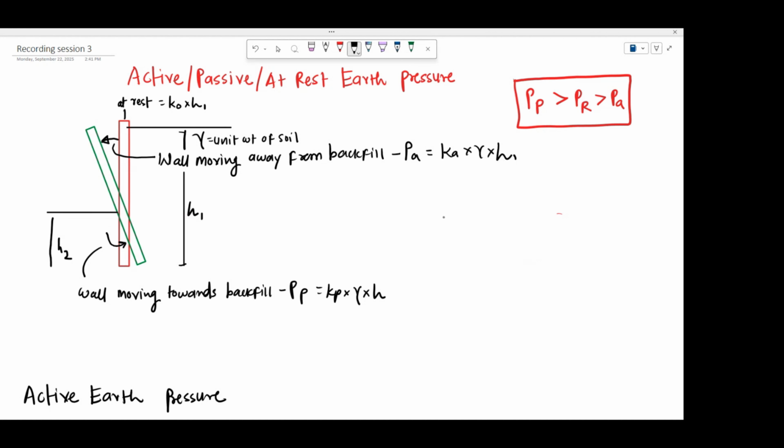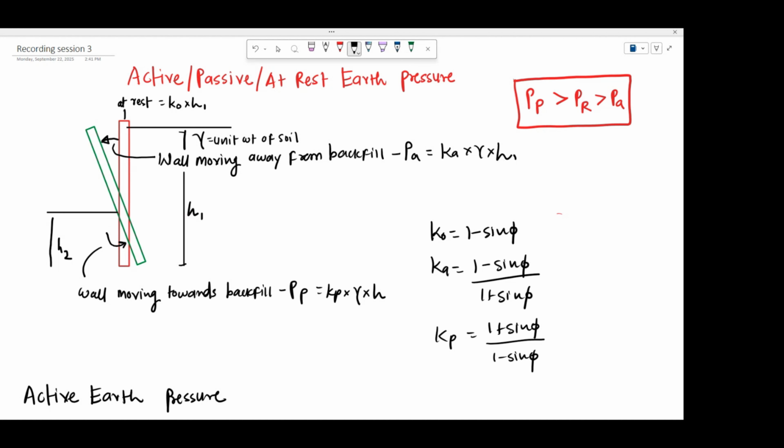Now, as you all might be aware from the basic concepts, your K naught is 1 minus sine phi, Ka comes out to be (1 minus sine phi) upon (1 plus sine phi), and your Kp comes out to be (1 plus sine phi) upon (1 minus sine phi). So your Kp is the highest one, then comes K naught, and the Ka is the lowest value that we get.